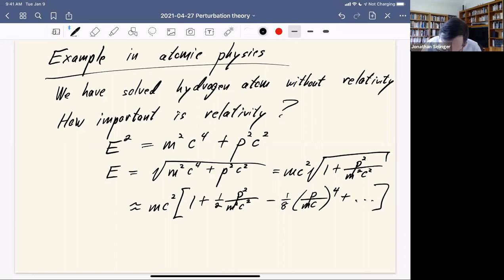Then if I multiply through by the mc squared, this is mc squared plus p squared over 2m, and then a correction, minus p to the fourth over 8m cubed c squared.